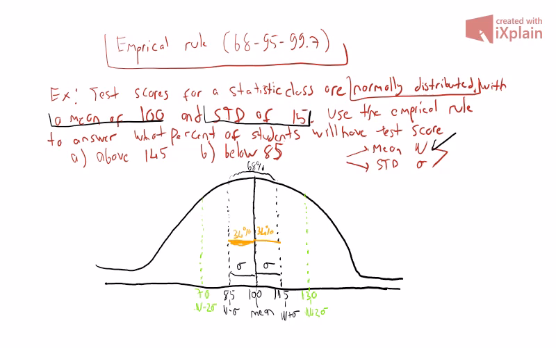Okay, wait a second. I know the percentage of 2 standard deviations, right? So if I go 2 standard deviations here, do I know what this green area is? Yes, I do. It's 95%. Like the whole area here is 95%.